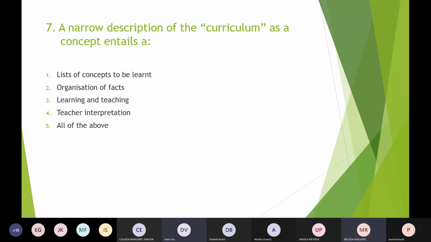I don't know, sorry. All right. Colleen, do you want to take a try? Well, I suppose facts could be concepts that we want to teach the children. It could be that one.